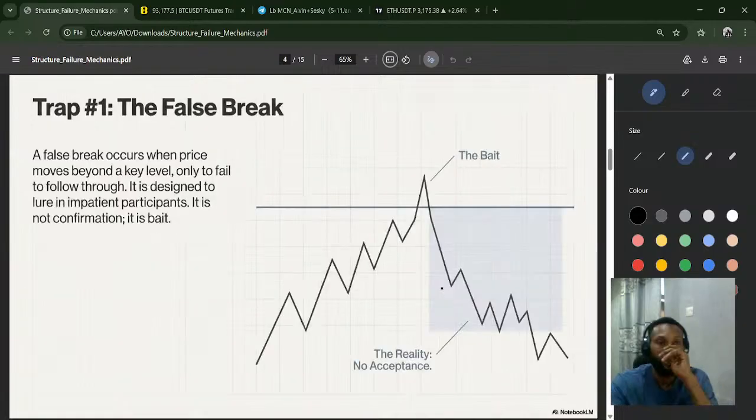I repeat, structure doesn't break once, it confirms itself over time. If you remember one and only thing today, just remember that structure doesn't break once, it confirms itself over time.